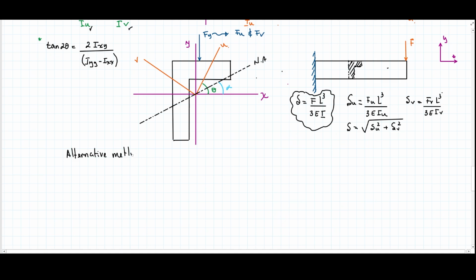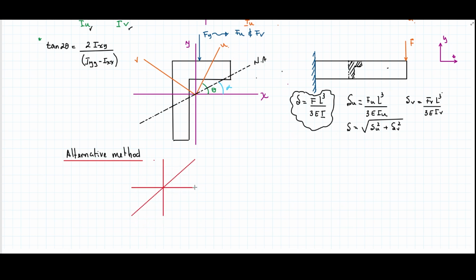Let me bring back this one. Let's consider again a three-dimensional Cartesian coordinate system.